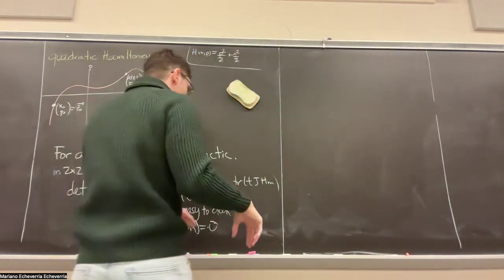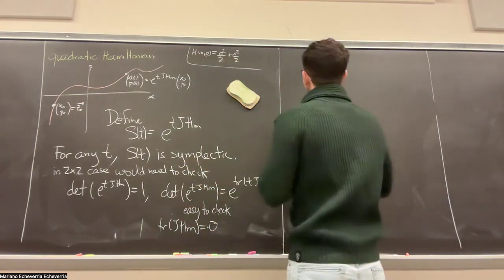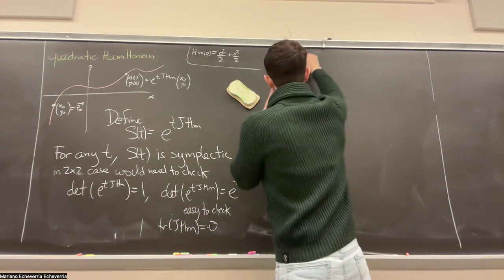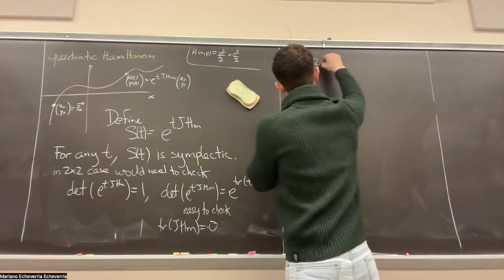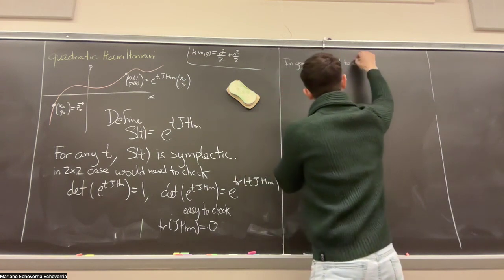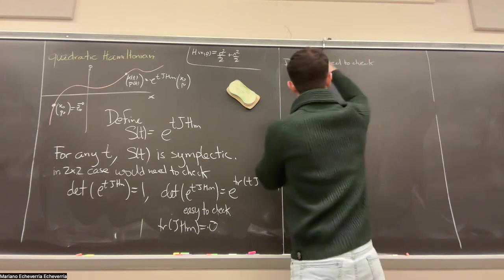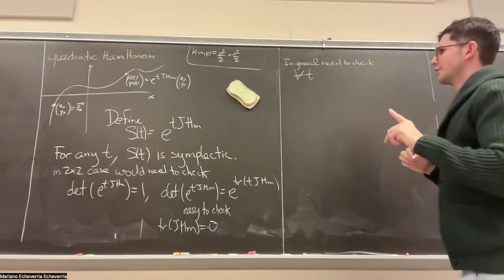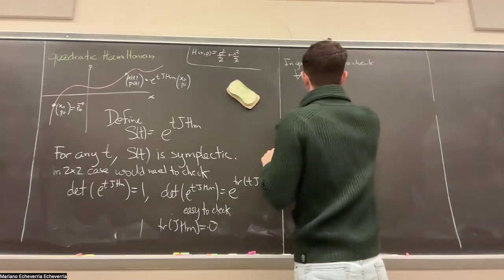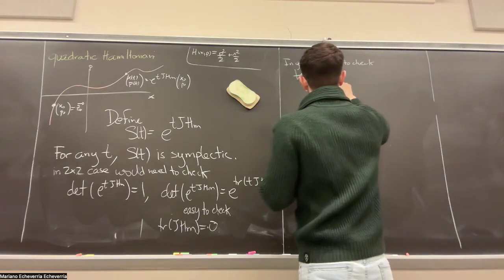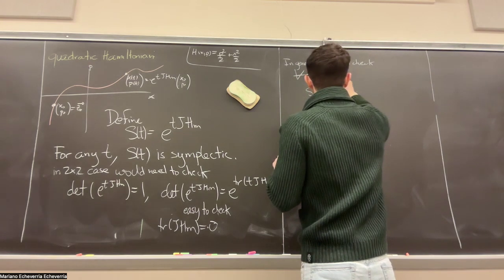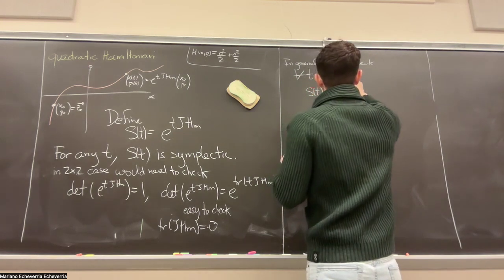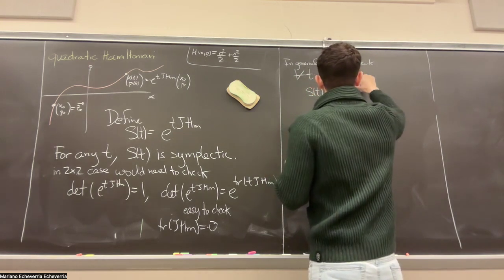So in the general case, what do we need to check? That for every t, S of t times J times S of t transpose, right?